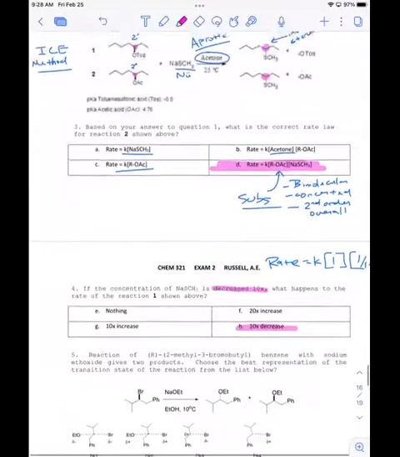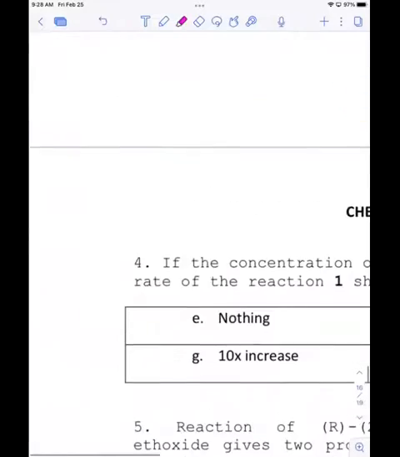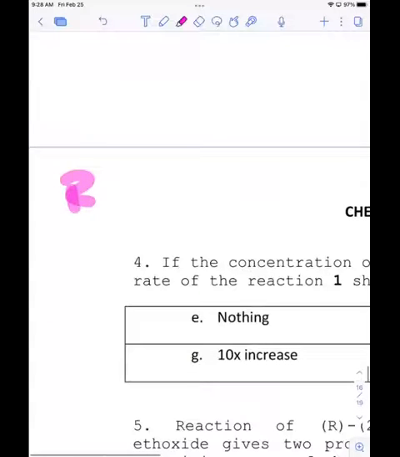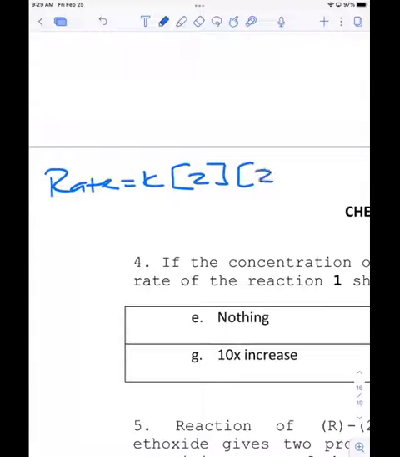And let me give you an example of that. So let's say for the rate law, let's say I double them both. What happens to the rate? This is a product, right? They increase by 4. Yes.